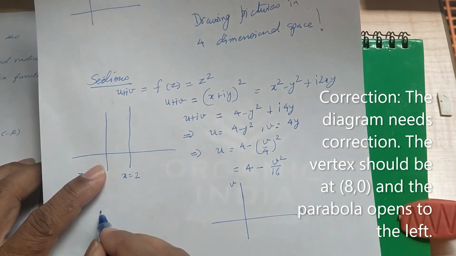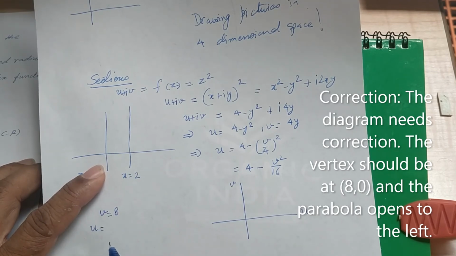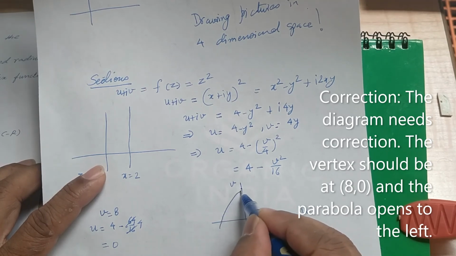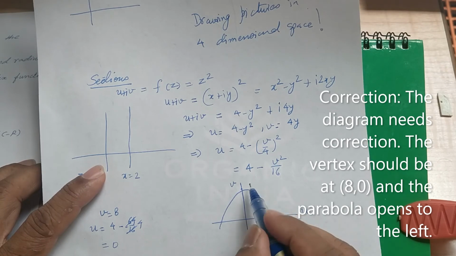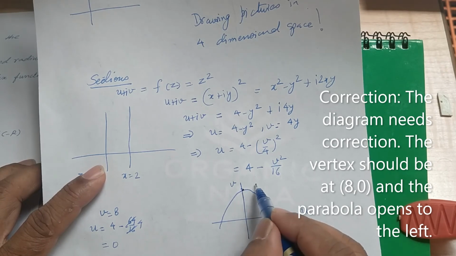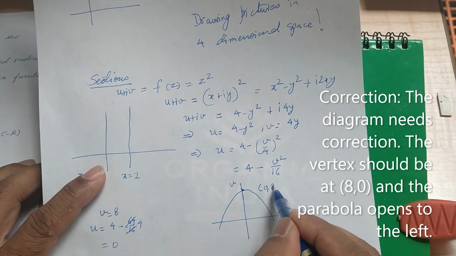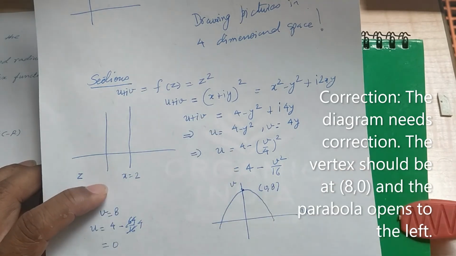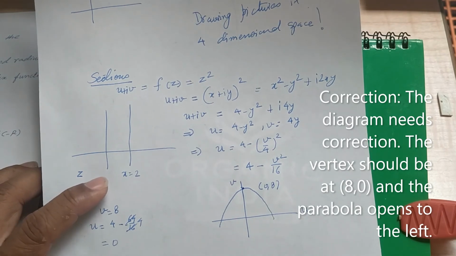So when v is 8, u is equal to 4 minus 64/16, which is 0. So you have a parabola opening downwards, and this particular point is (0, 8). So this particular line takes the shape of a parabola in the image plane.